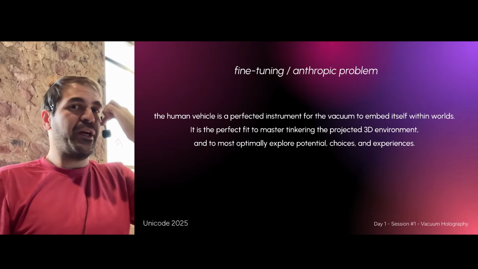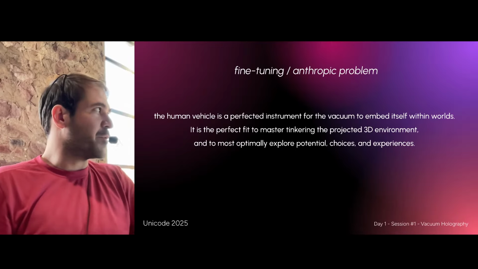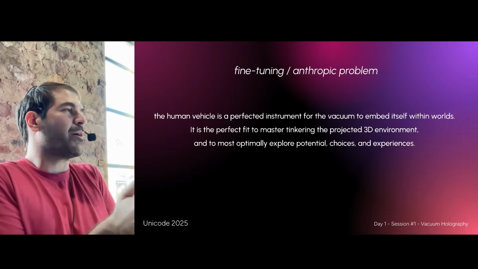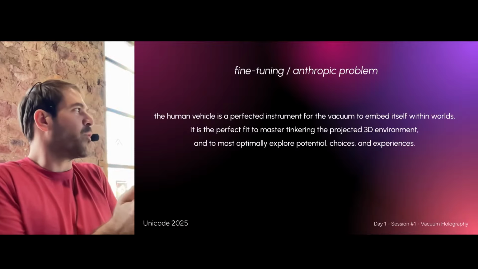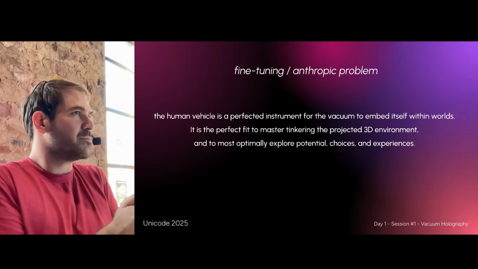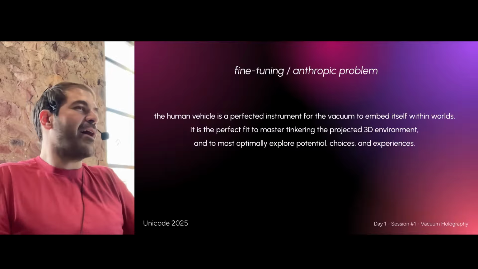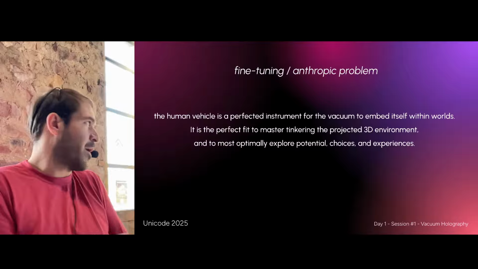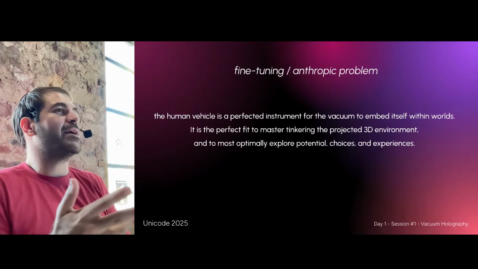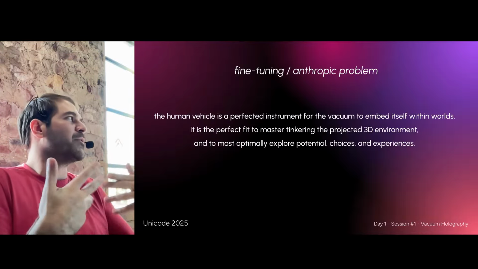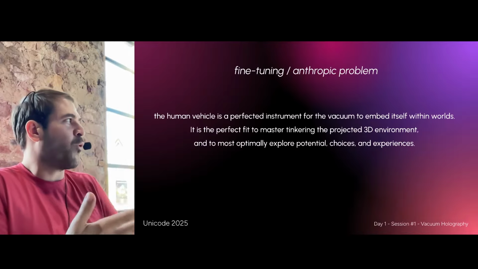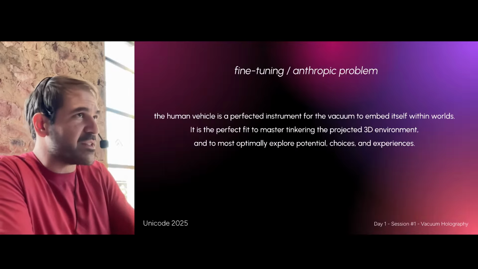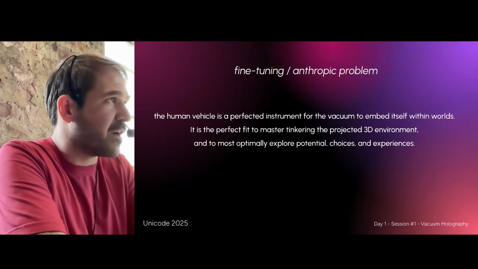So the fine-tuning anthropic problem, this is basically what we were just talking about with beaching. The gravitational observer as beaching for the worldly server-like experience. It's not that there is an anthropic problem. There is no human body problem. It's that the human body is the perfected form of God beaching for server-like experiences, to know itself, to play with itself, to explore with itself.